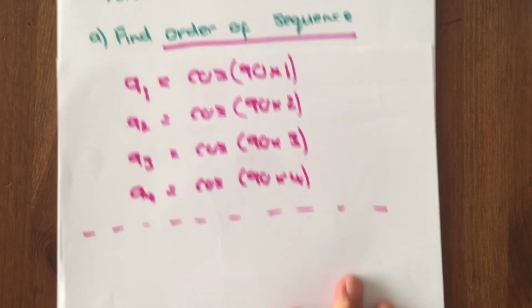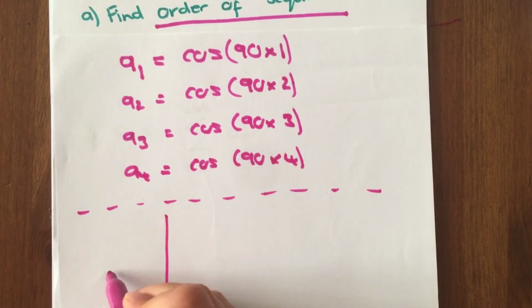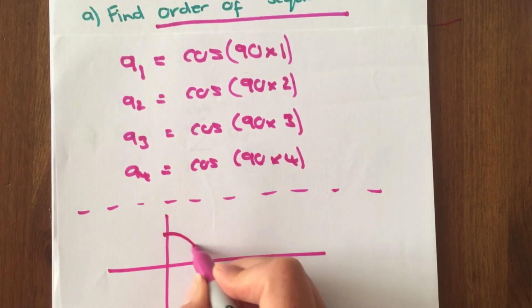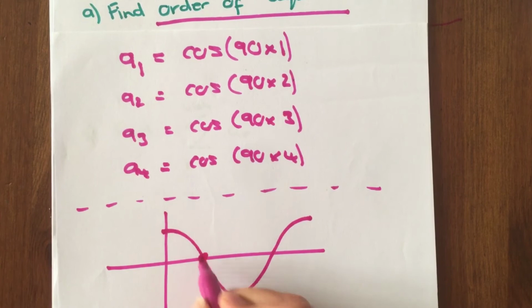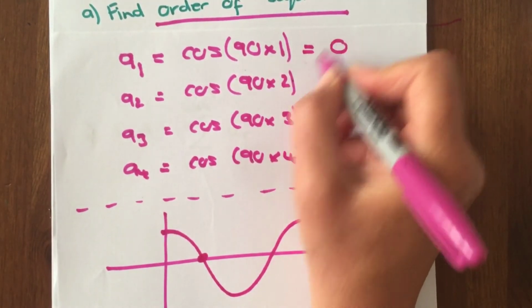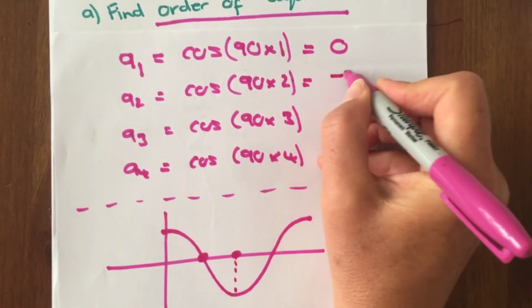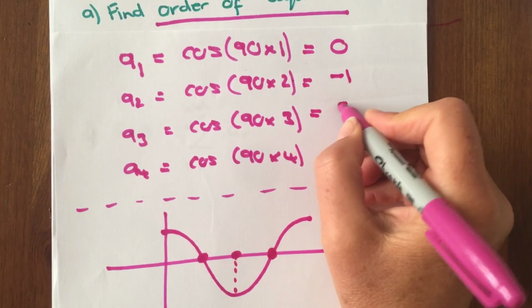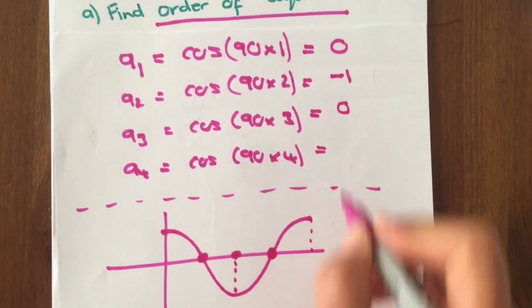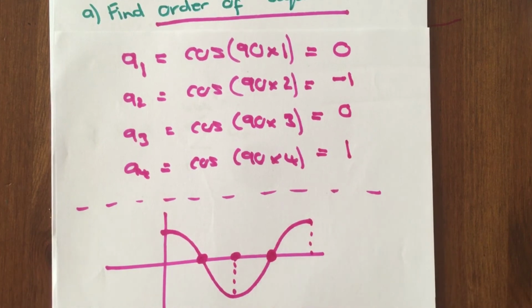The reason why is, if you look at your cos graph, cos 90 is 0, cos 180 is minus 1, cos 270 is 0, cos 360 is 1, and then you can see it's going to repeat again.